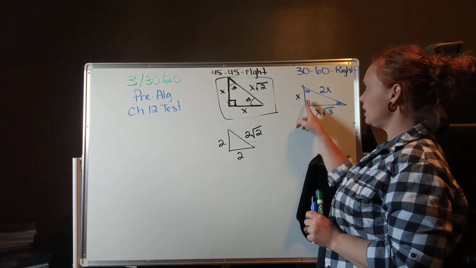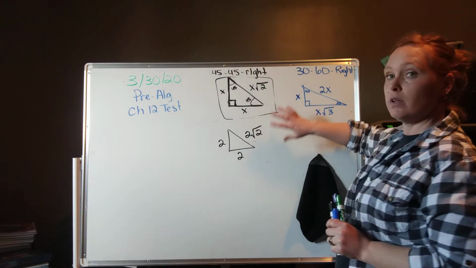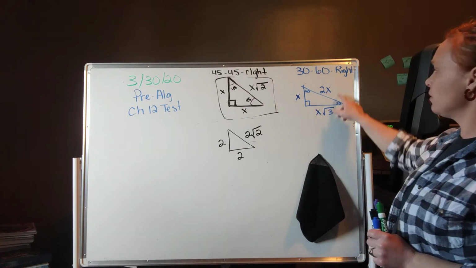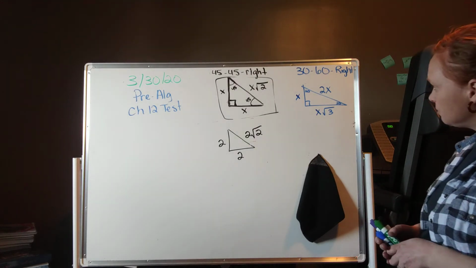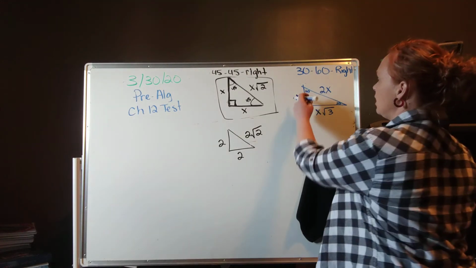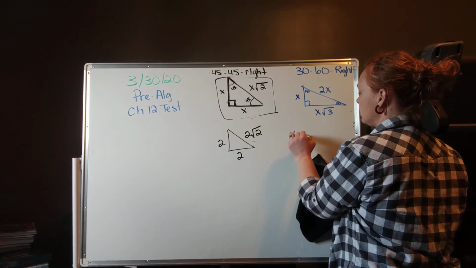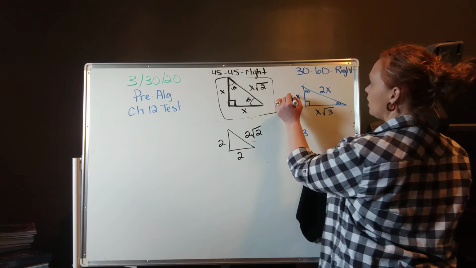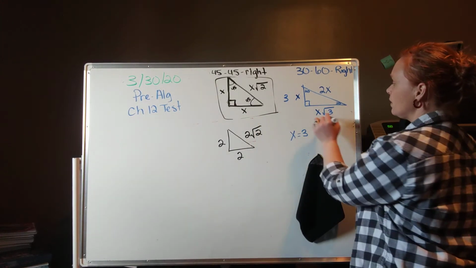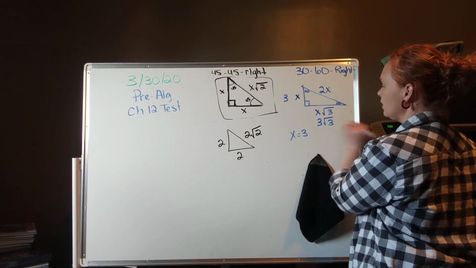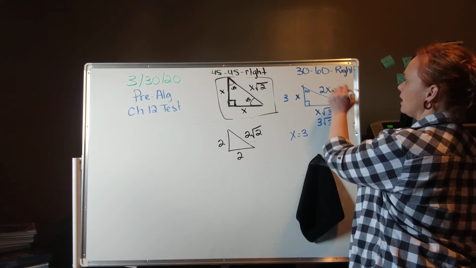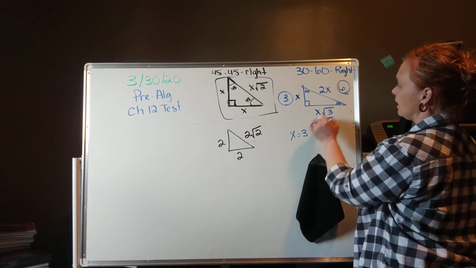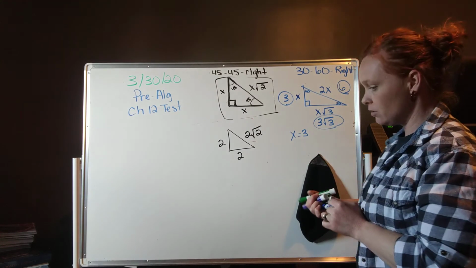From the 90 to the 60 degree is x, then x square root of 3, and 2x. If I told you that x equals 3, then this side is 3, this side is 3 square root of 3, and this one is 2 times 3, which is 6. That would give us the side lengths of each of these triangles.